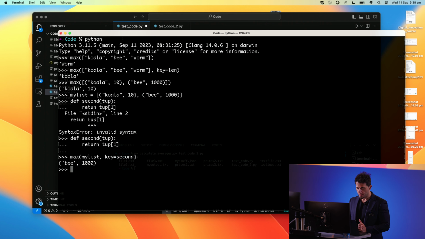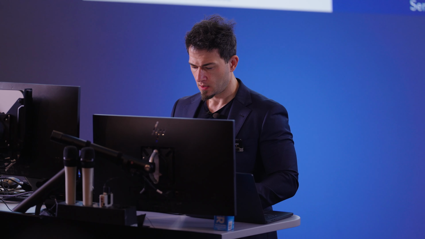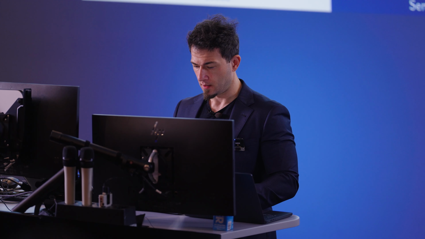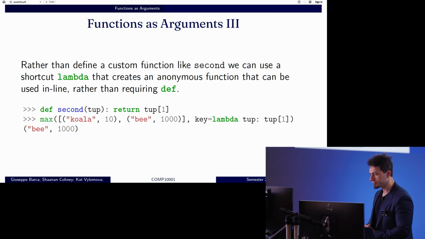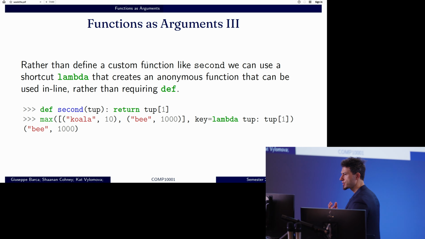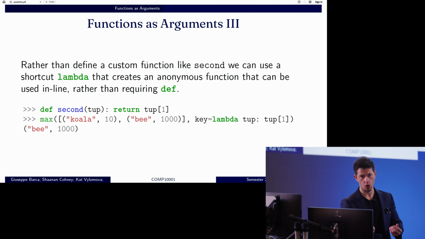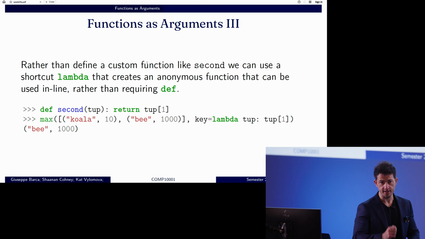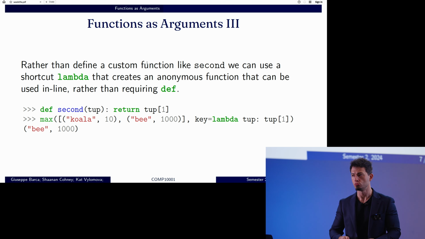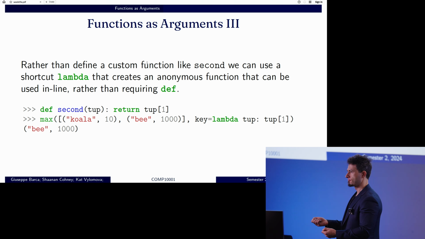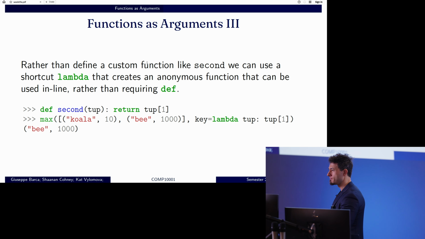Okay, so one of the things which here is a bit annoying is that I am defining the function second only for the purpose of providing it as an argument to the max function. And then I'm not using that function anymore.